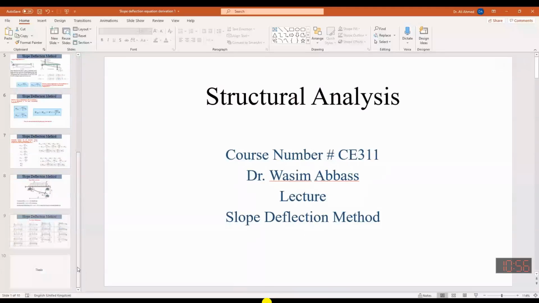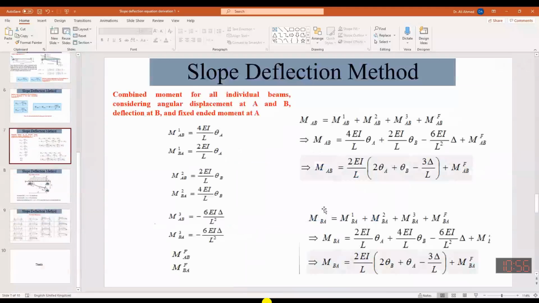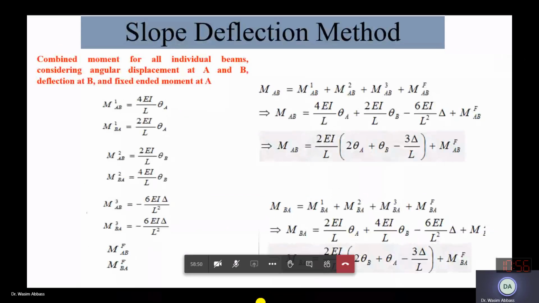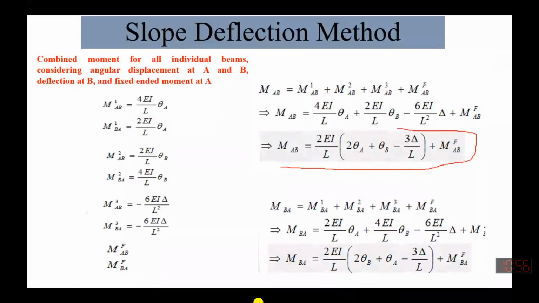So this is our equation for slope deflection method. If you see, this is our equation: MAB equals 2EI over L into (2 times theta A plus theta B minus 3 times delta over L) plus fixed end moment.